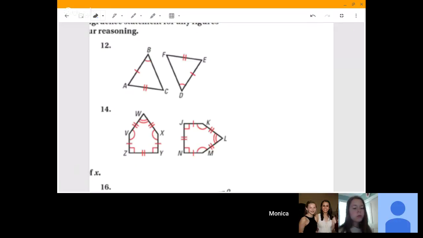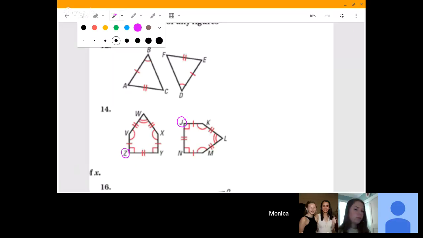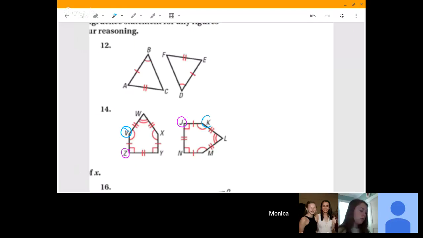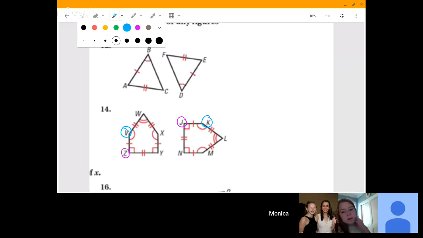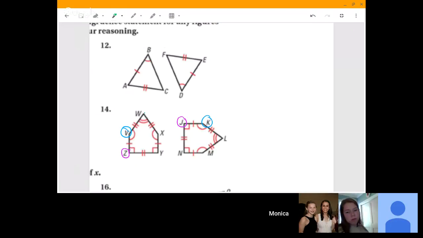So when you write this, you need to make sure that your Z corresponds with your J, V corresponds with K, W corresponds with L, and so on around that pentagon, okay? Does that make sense? Okay, good.